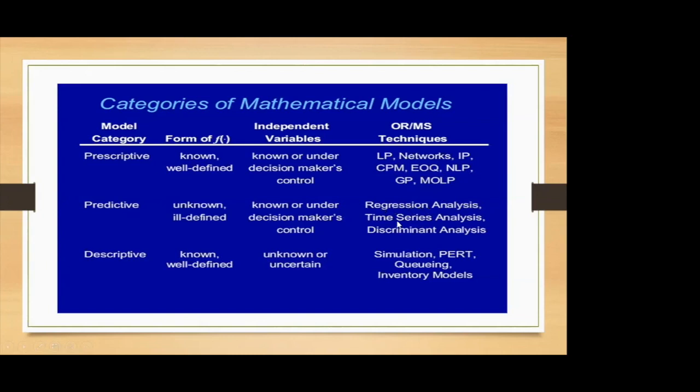Time series analysis is always done in the financial area, like in the stock markets, and discriminant analysis in the marketing area. These are some of the techniques that we use to predict a model. This is also under the decision maker's control.